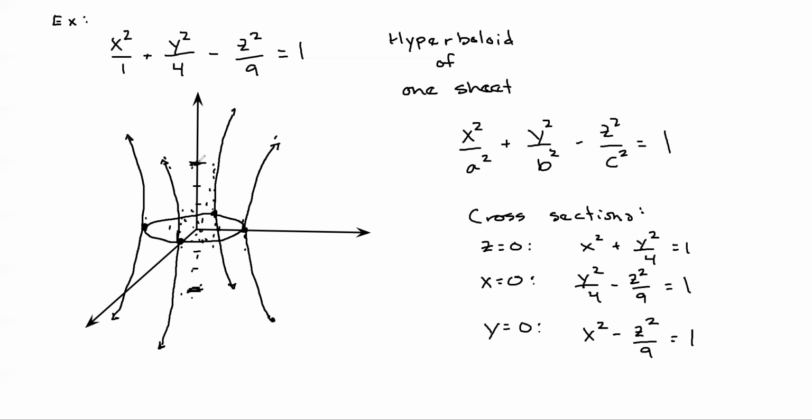Well, if I went in the y direction, I would hit the curve right here. If I went in the negative y direction, I would hit the curve right here. If I went in the x direction, I would hit right here, negative x right here. And so I'm going to draw another circle like that. And then you could do the same thing down below here.